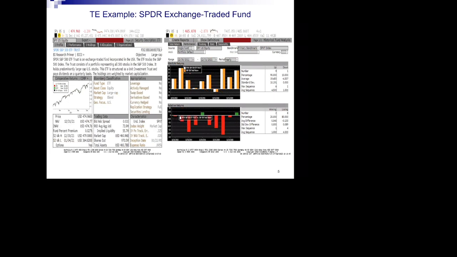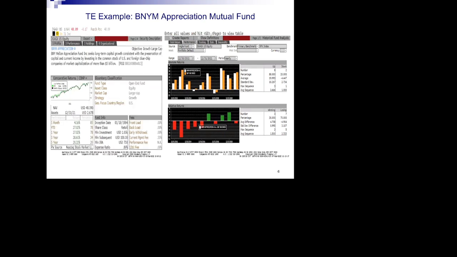And the same is true for the alternative way of providing an index fund, which is the exchange traded fund, the SPDR S&P ETF. Very close in each period. So we would expect to have very low tracking errors in that case. Now, the actively managed fund, again, is trying to beat the S&P 500.